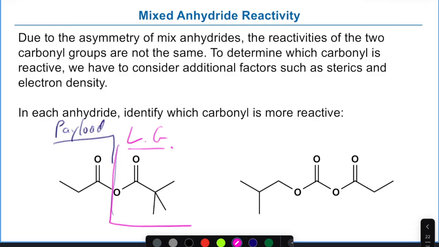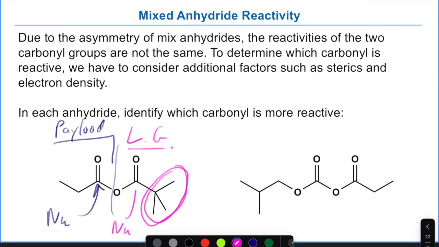Why is that? Sterics. What you have here is a really bulky group, which means I could take a nucleophile and attack here. That's possible, but if I took the same nucleophile and attacked here, this one is going to be hindered.